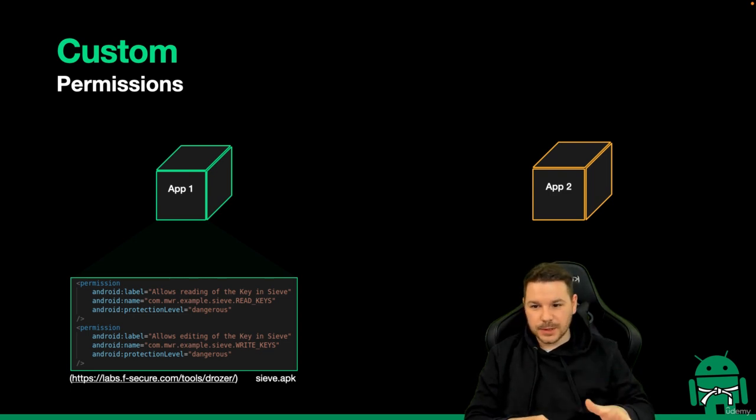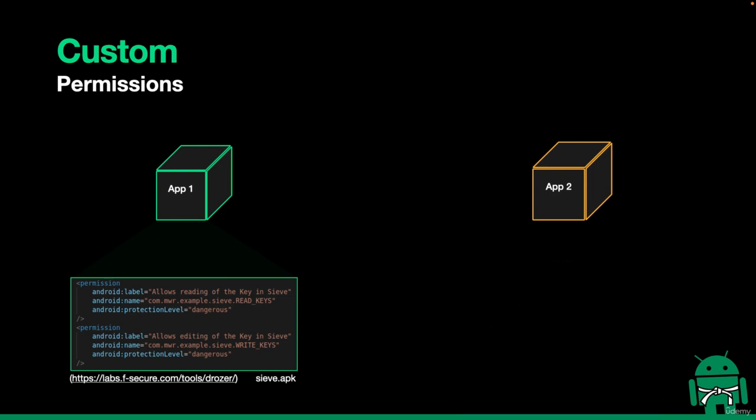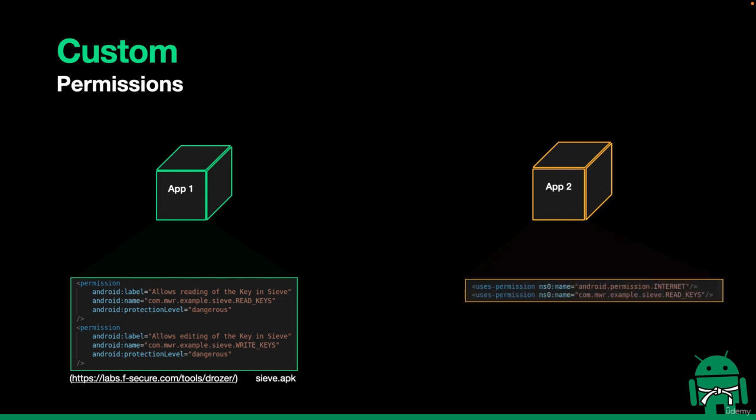So now the question is, how can we as a third-party application or as an attacking application get those permissions? Well, we only have to define them in our application. So over here we can see we can simply say uses permission, and then instead of contacts, photos, microphone, we simply define those custom permissions of application 1.